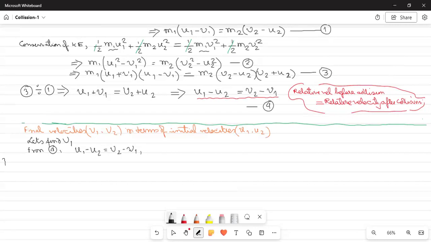This was our equation 4. Since we want to find out v1, we eliminate v2. So from here, v2 is equal to u1 minus u2 plus v1.